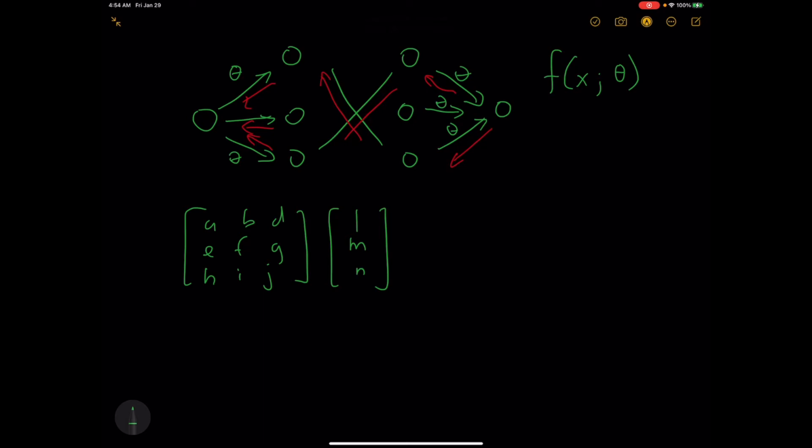So what we're doing when we're evaluating this function is really just matrix multiplication, where say here is our theta and here is our input. And essentially, if we expand this into a scalar expression, we get something like this. And this is just addition and multiplication. There's nothing else to this.